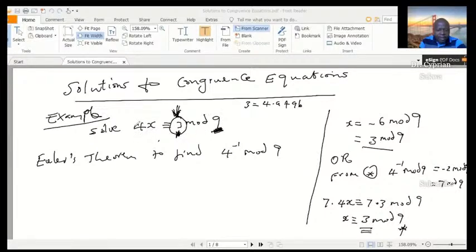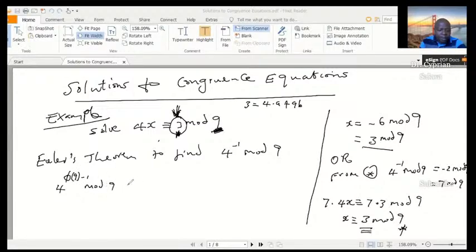If their GCD is 1, and if they are both positive, then we can find the inverse of 4. And so the inverse of 4, and you can check in our earlier video where we find the inverse, will be given by 4 raised to phi of 9 minus 1 mod 9.